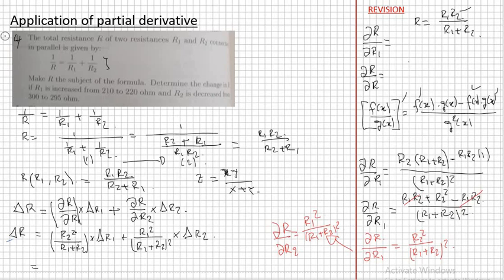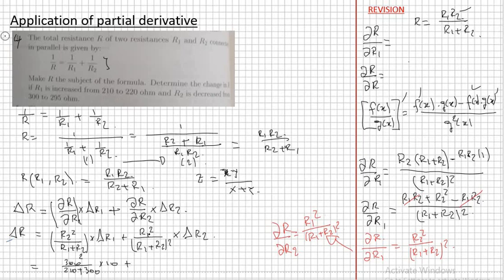So we have r2, which represents the initial value. So the initial value is 300. So all you need to do is, you have 300 squared, and then r1 represents the initial value, so in this case r1 is 210. So we have 210 plus r2, which is 300. The change in r1 is the final value minus the initial, so we got 10.